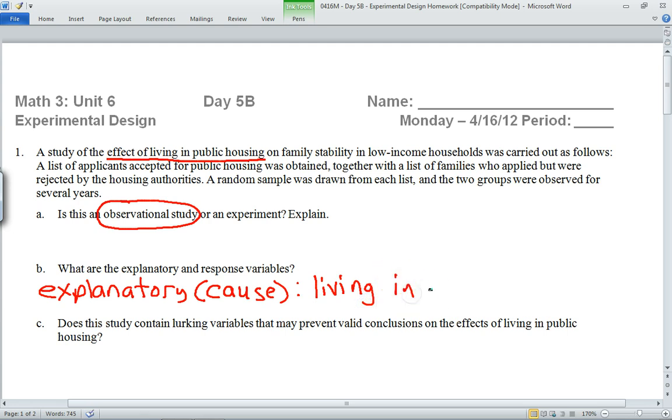Living in public housing, or not, because that's the variable part. Either you do or you don't live in public housing. We need a little bit more room.